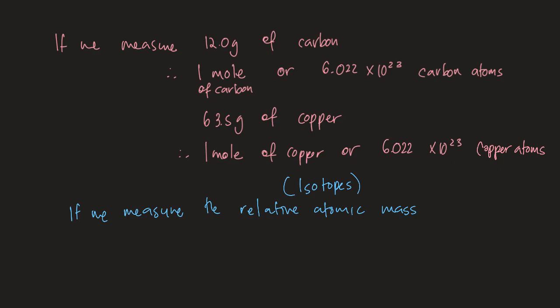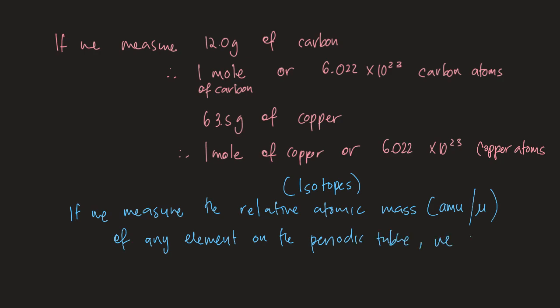If you measure the relative atomic mass in AMU, or we can use the symbol mu, of any element on the periodic table, we would have 1 mole of that element. So this is how relative atomic mass links to the concept of the mole.